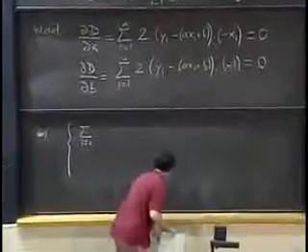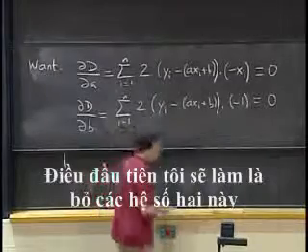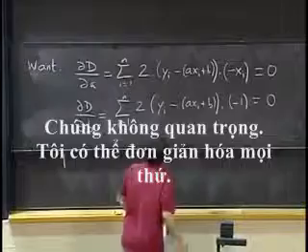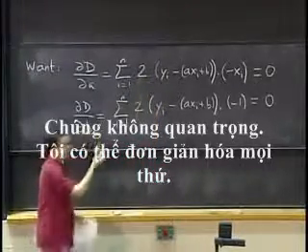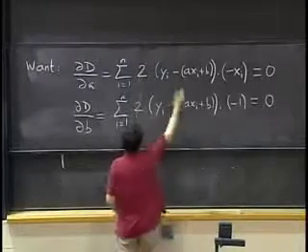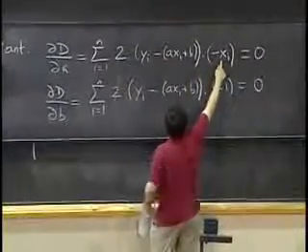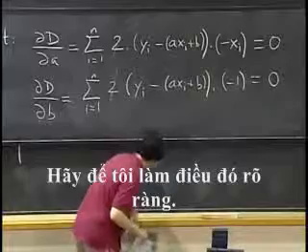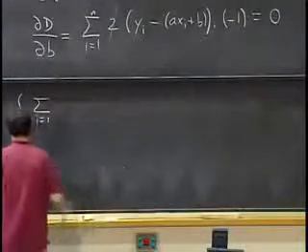So, first thing I will do is get rid of these factors of 2, which are not very important. I can simplify things by 2. And next, I'm going to look at the coefficient of A. Well, I will get basically A times xi squared. Let me just do it, and then it should be clear.